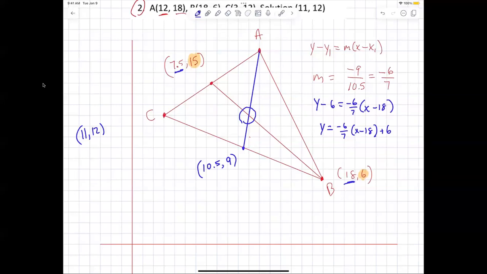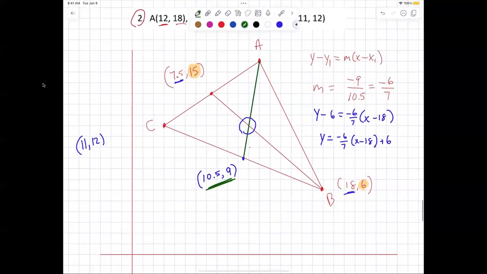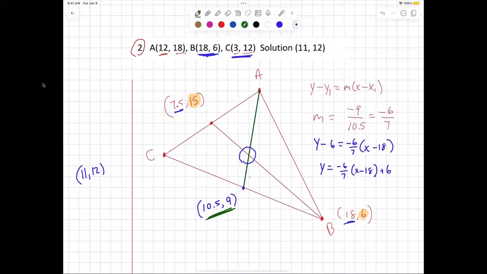Let's write the equation. All right, so again, I'm going to write the equation of this right here. So I need the slope. So I'm going from 10.5, comma 9 to A, which is 12, comma 18. So I agree with that.